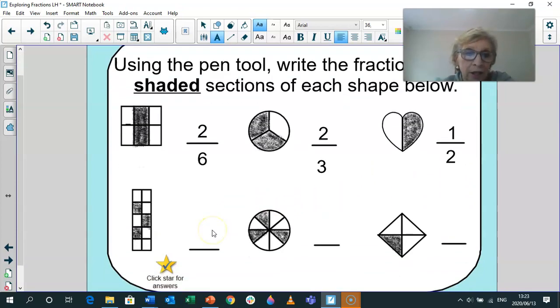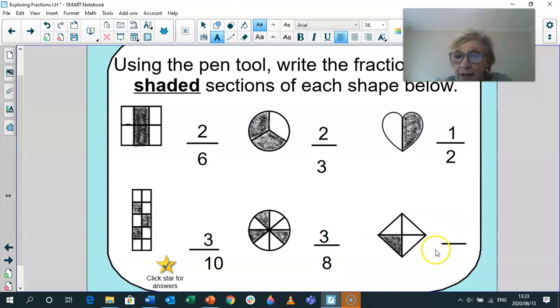Right, let's have a look at this one now. We have got 2, 4, 6, 8, 10. So 3 out of 10 is shaded. And here we've got 8 pizza pieces. A pizza is divided into 8, and 3 out of 8 is shaded there.